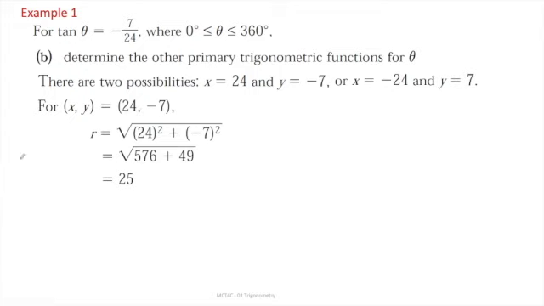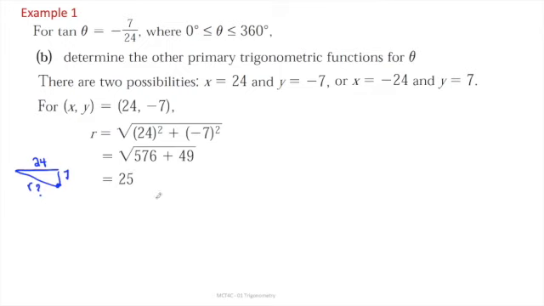So you know that here, if you were to draw that, 24 and then that negative 7, you know that this is 24 and you know that this part is 7, but you don't know that r. So that was what you're going to find out by doing Pythagorean theorem. So take the square root of 24 squared plus negative 7 squared. And then that's 576 plus 49, and then square root it to be 25.